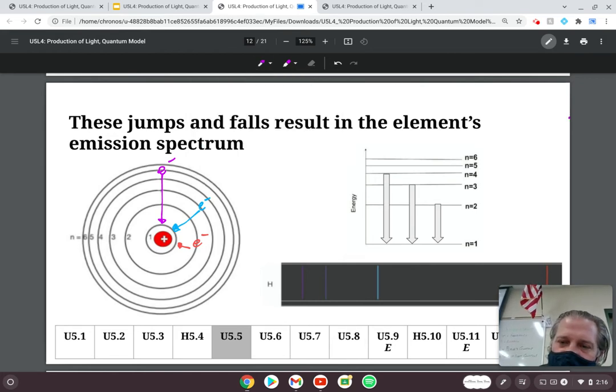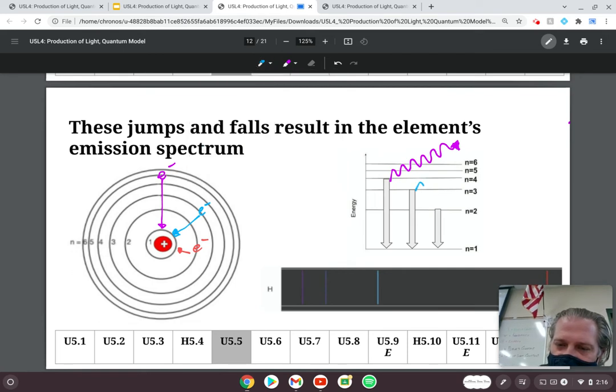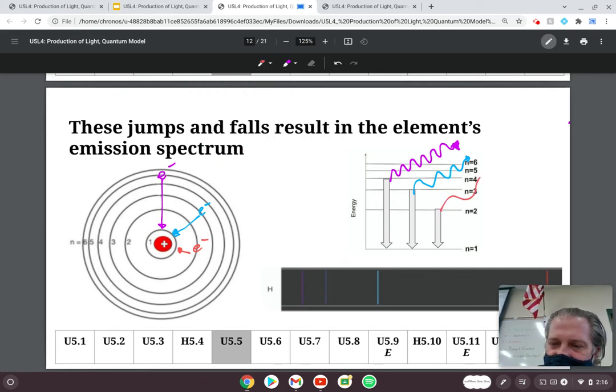And what that will look like will be based on the amount of energy that the electron has absorbed. So the electron that is furthest away has the highest energy, and it might look like this. The electron that has the middle amount of energy might look like that. And the electron that has absorbed the least amount of energy might look like this.